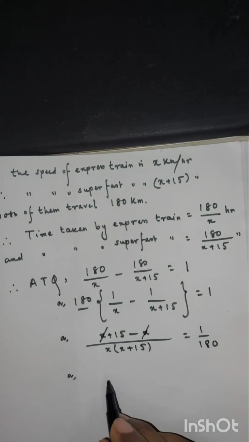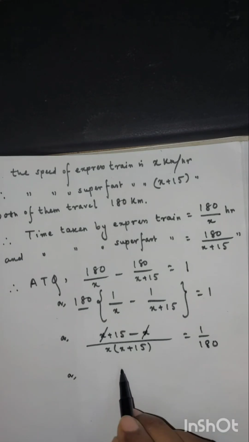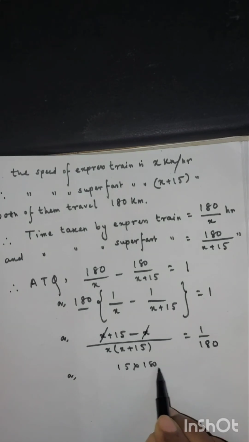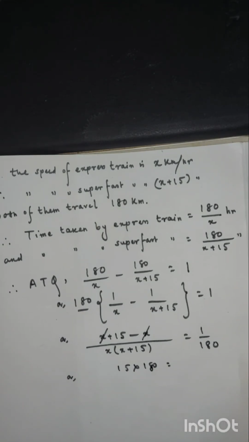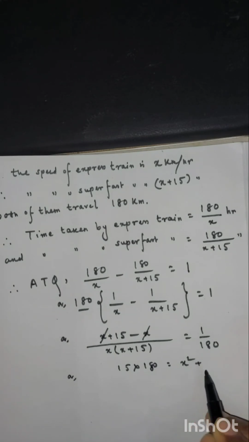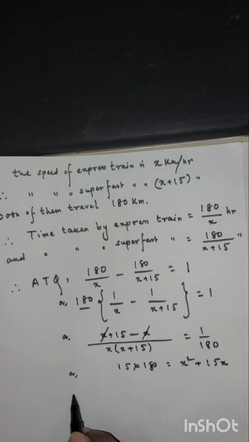Now cross multiplying, we get 15 into 180 equal to x into x plus 15.